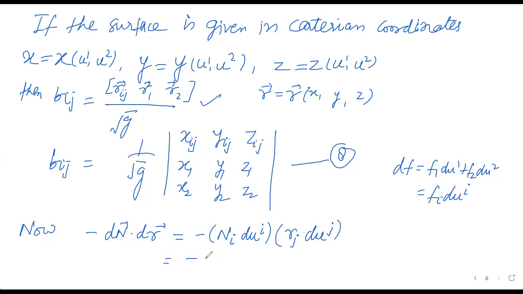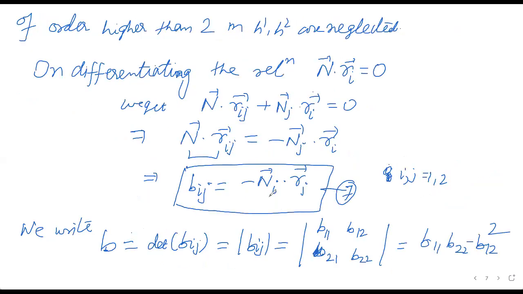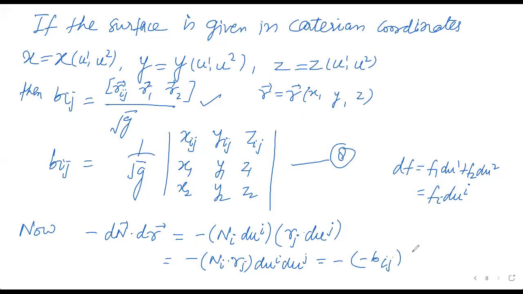Or this you can write as minus ni dot rj dui duj, and this is how much? Minus ni dot rj is minus bij from 7, dui duj. So it will become minus minus plus bij dui duj. And what is this?